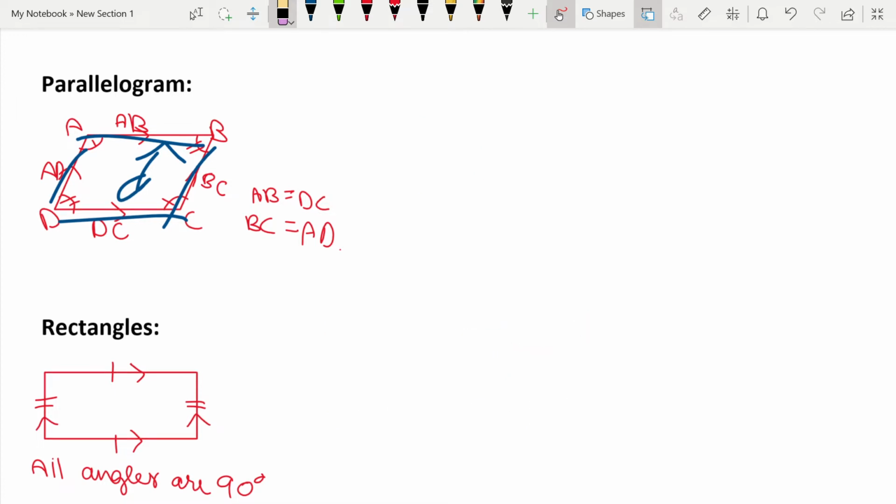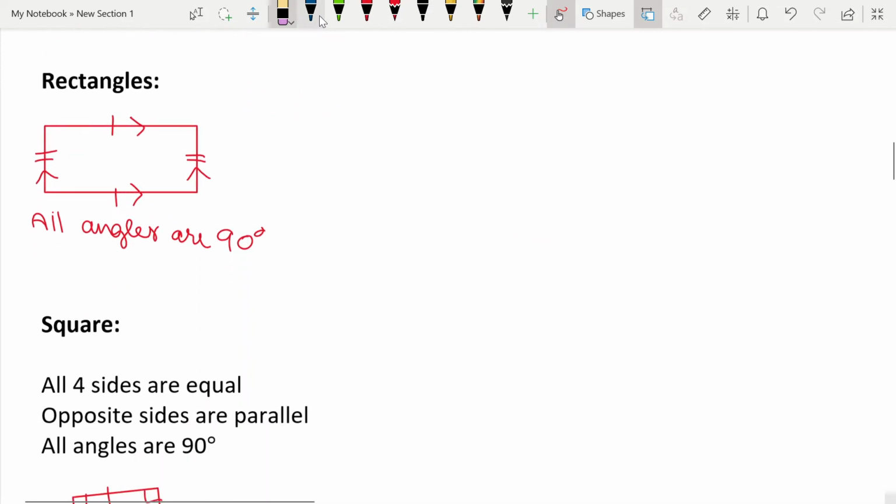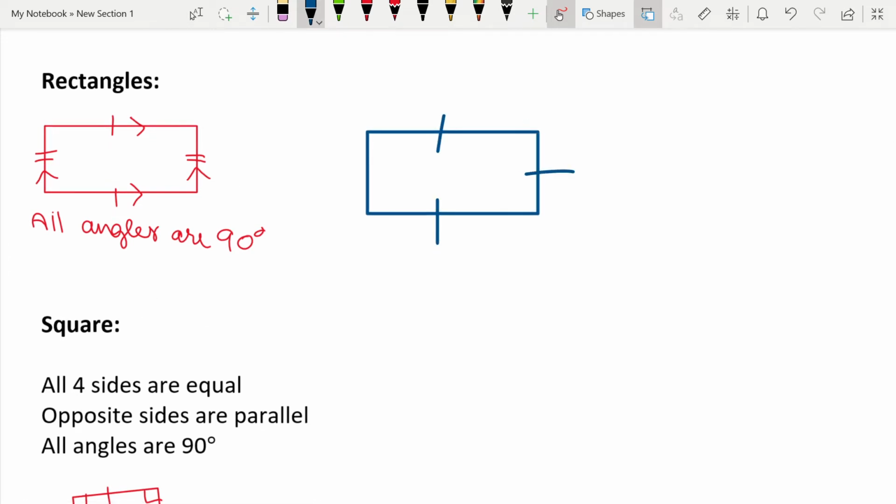The next one is rectangles. So we know that this will be equal to this and this will be equal to this. Easy. Now this one will be parallel to that, and this one will be parallel to that. All angles are 90, meaning they're all equal to each other. So what's the difference?